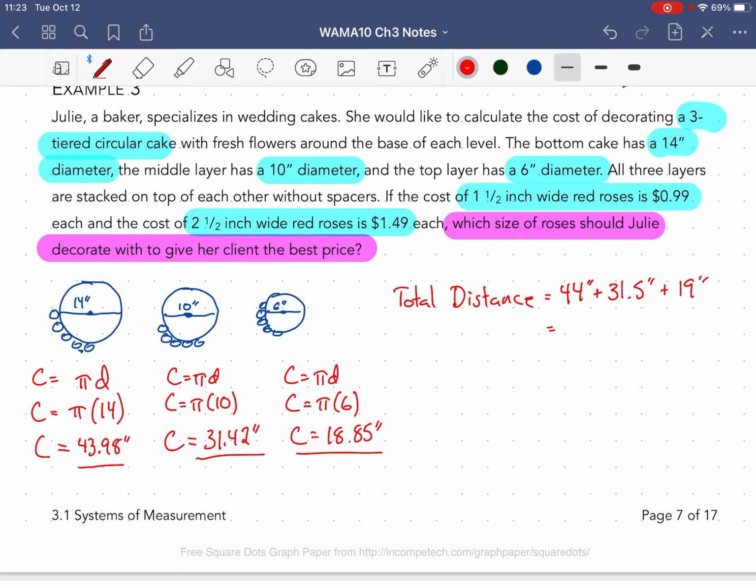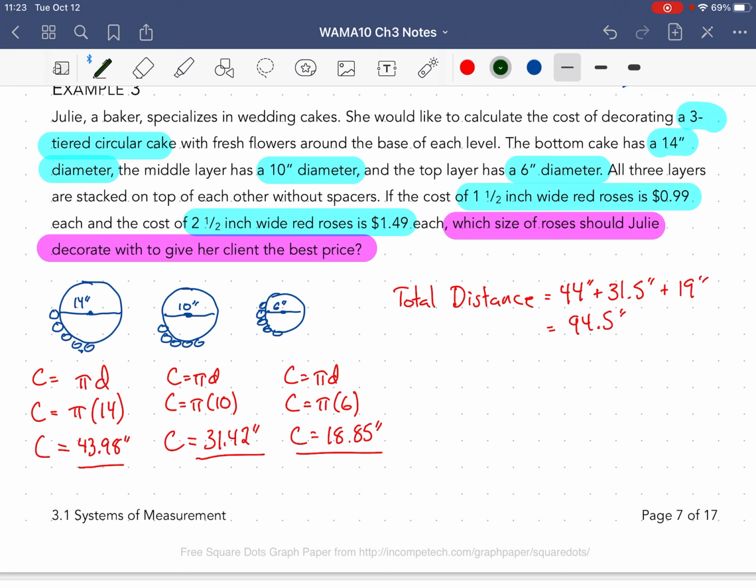I don't want to underestimate and end up with not enough roses. And I should be adding instead of multiplying. 44 plus 31.5 plus 19, 94.5 inches. So my total distance around is 94.5 inches.